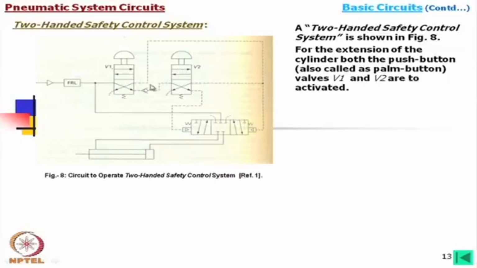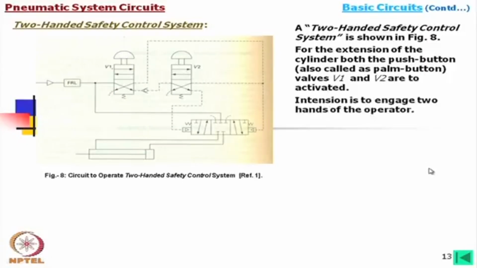In that case, this is not activated, it is still in this position. Only if we push both, then this will be actuated.